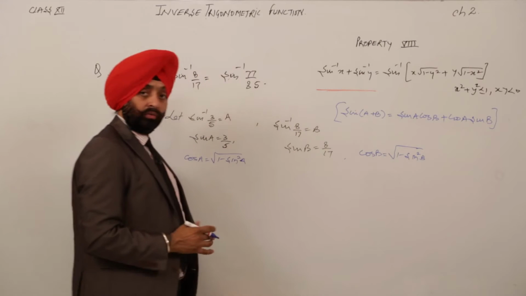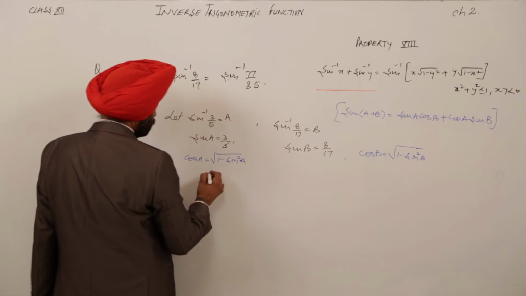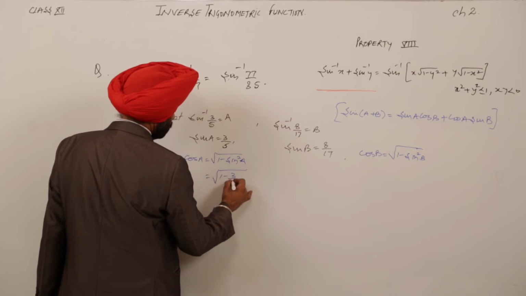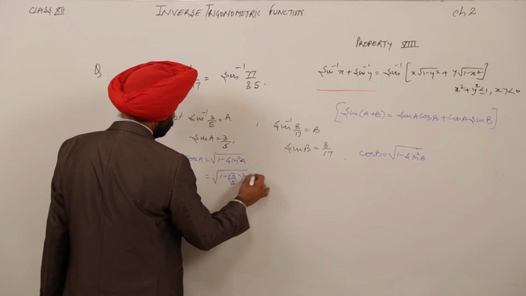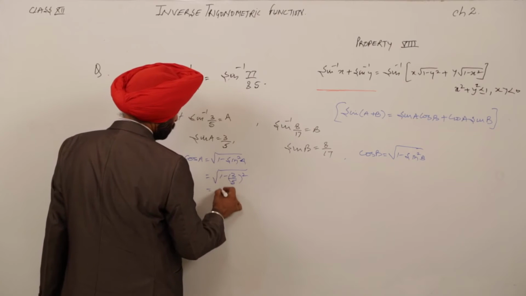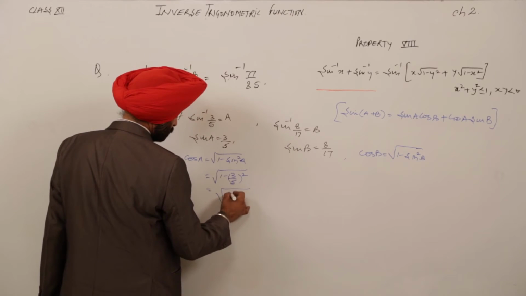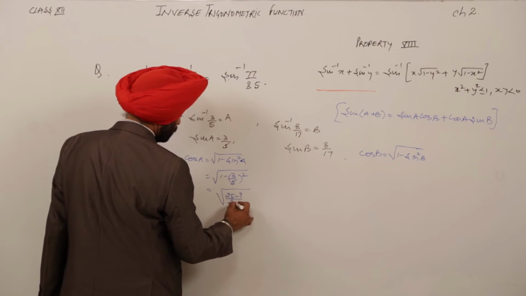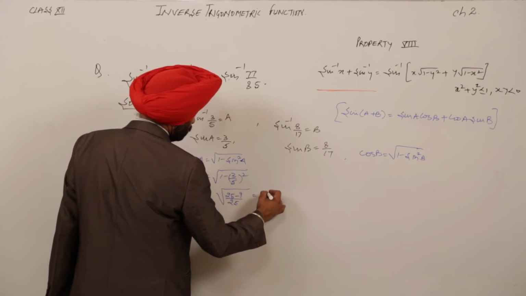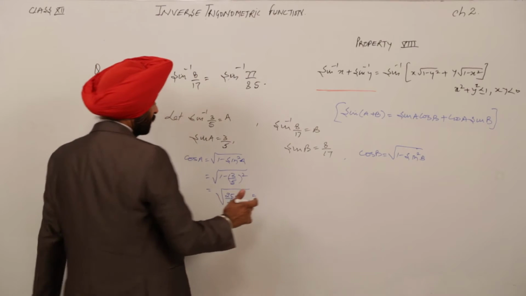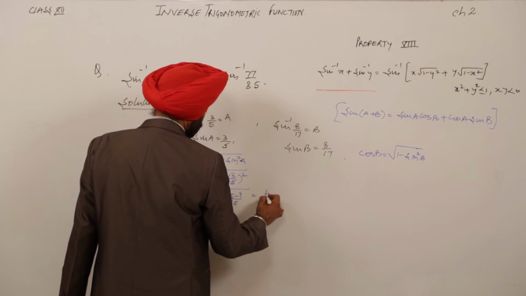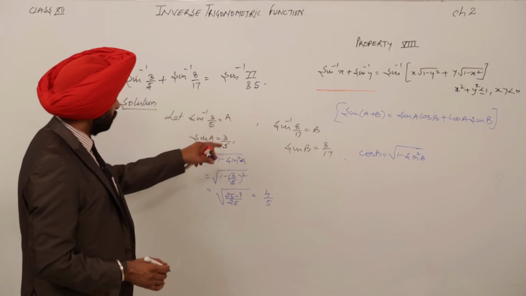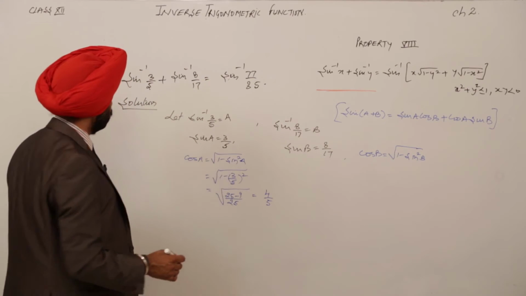Okay, so now putting in the value, we have under the root 1 minus 3 by 5 whole square, and this is equal to under the root 25 minus 9 upon 25, and after solving, we get 4 by 5. So sin a is 3 by 5 and cos a is 4 by 5.